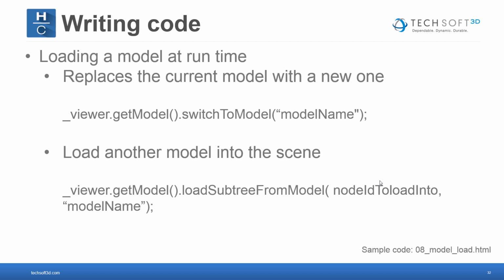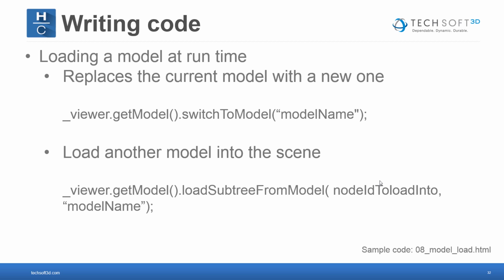But if we want to load in another model, we need to make sure that the SC server app that's running on our server knows where that model is. Most often, you'll have a repository that has all your models in the same location. And in that case, it's very easy. All we have to do is specify the name of the new model.